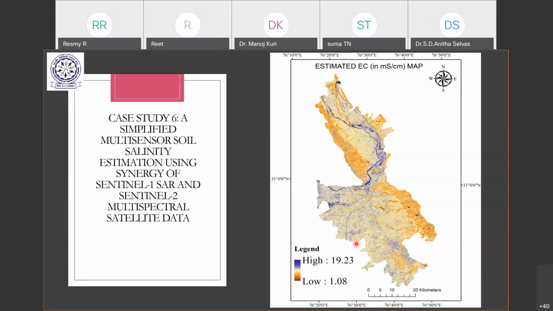This model used a least square regression model, and using this regression model, we were able to correlate the backscatter of the satellite with the help of some of the field data. We were able to calculate the electrical conductivity of the field.